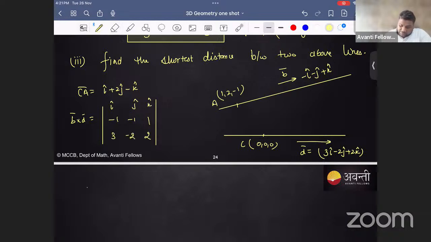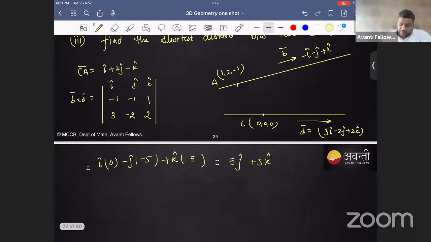So with i cap, minus 2 plus 2, it will become 0. With minus j cap, it will be minus 2 minus 3, minus 5, and with k cap it is 2 plus 3, 5. So it became 5j cap plus 5k cap.